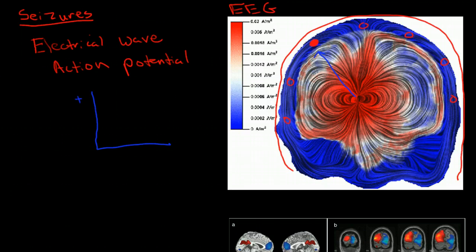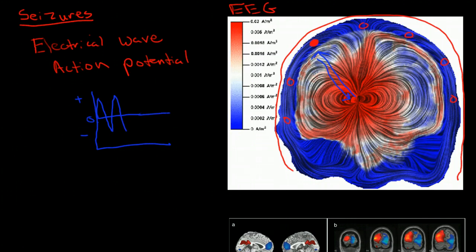This is more positive, this is more negative. If there were action potentials moving towards this electrode, and this is 0 here, then it will make a positive deflection of the waveform. And if there are action potentials moving away from that electrode, the measurement will deflect to the negative side. So anytime you see a waveform like this in an EEG, this means there are action potentials moving towards the electrodes. This means action potentials are moving away from the electrodes.